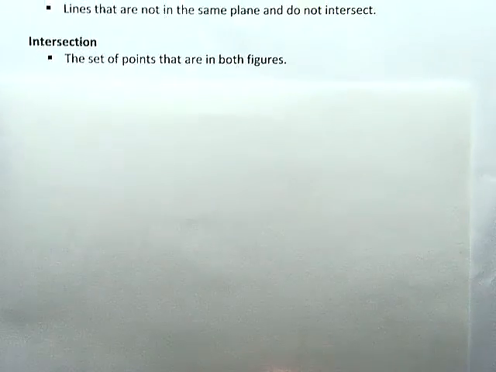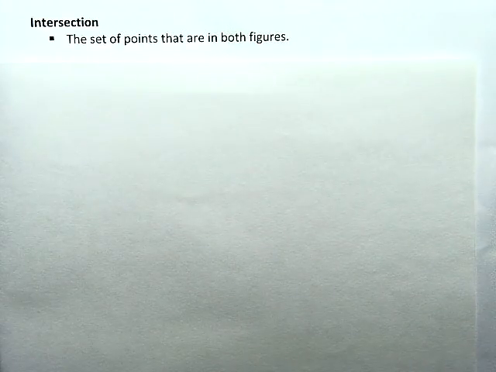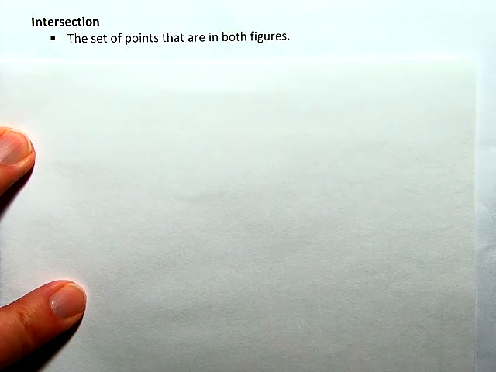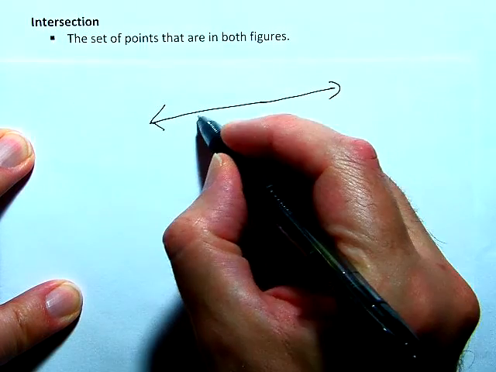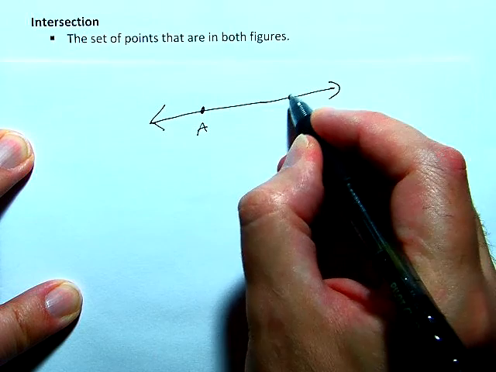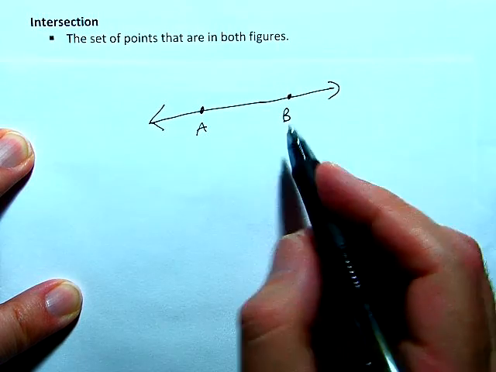Well, we've been using the word intersection. We've been using it because we kind of know what it means already, but its formal definition is the set of points that are in both figures or where they cross. So if we had two lines, let's say we had a line here, AB. Remember I can name a line by any 2 points on the line.